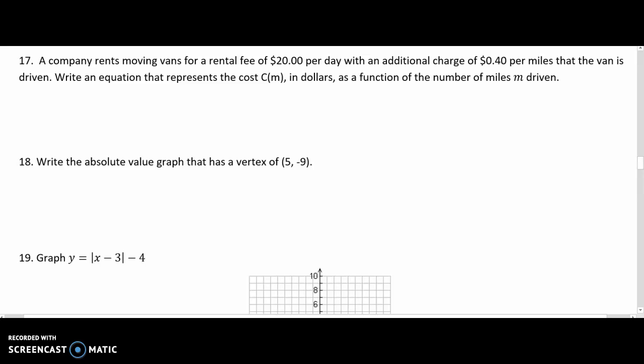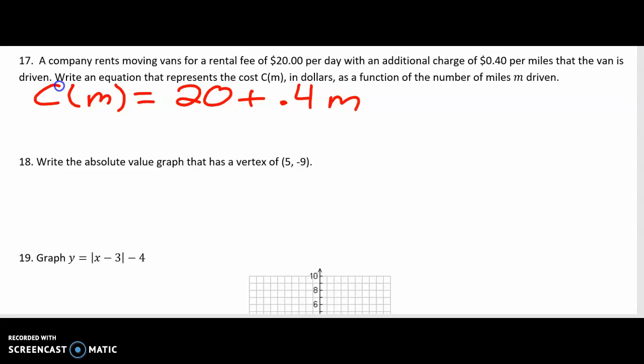I have the start of my equation, is equal to. It costs us $20 a day plus 40 cents per mile driven. That's all that is. There's no math to do after that. It's literally just set it up. If you had to, you could figure it out, but in this case, you don't have to figure anything out with it.